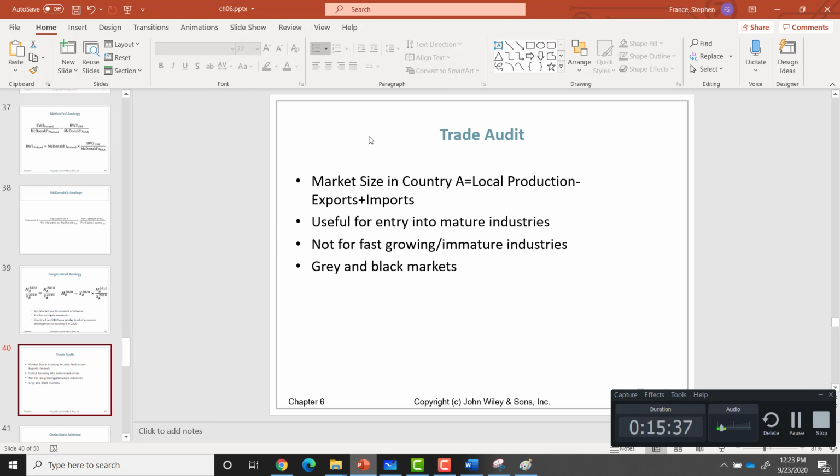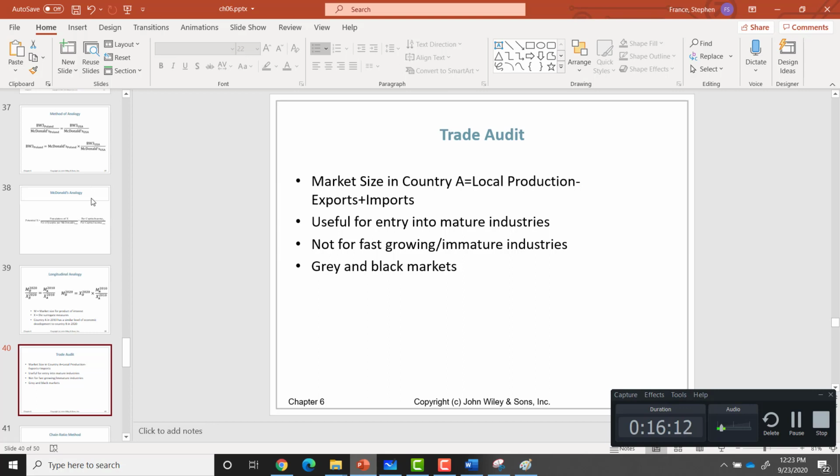The market size in the country is how much they produce, minus what they export, plus what they import. This is pretty useful if you've got a mature industry, where we know the market size isn't going to change much, but it's not good for fast-growing markets. And it's also not good in a country that doesn't have a great rule of law, where there's a large black market. For example, there are high taxes on cigarettes, and very few cigarettes go through the legal channels. Most go through the black market.